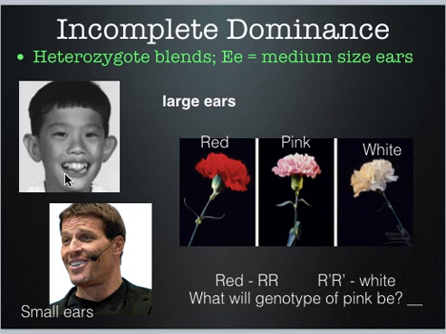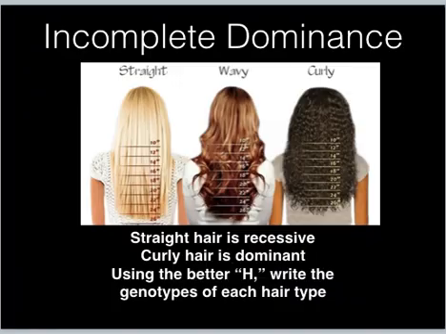If you have a large mouth, you could probably fit a good part of your fingers actually inside your mouth. So it's just different sizes. That's what we call incomplete dominance. It's complex. It does not follow your traditional rules. Here's another example. You have straight hair, you have curly hair, and wavy is somewhere in the middle.